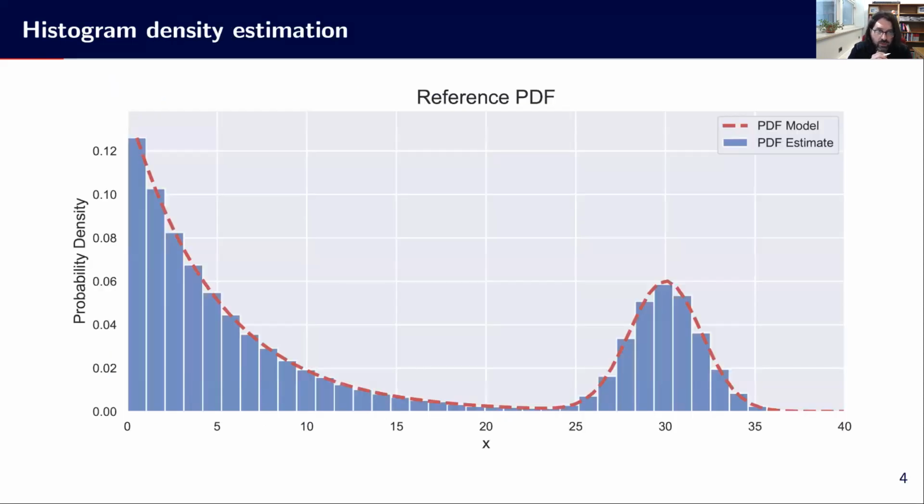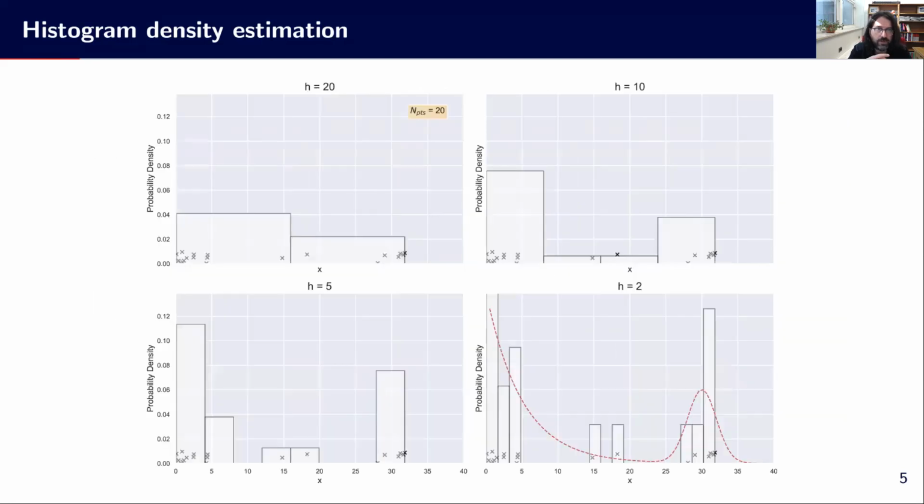So an example here: what we see as the dashed red line is the real density, and what we see as the blue bars are the estimate from a histogram. We can see here the estimate with a histogram is relatively accurate. It fits quite well the red curve.